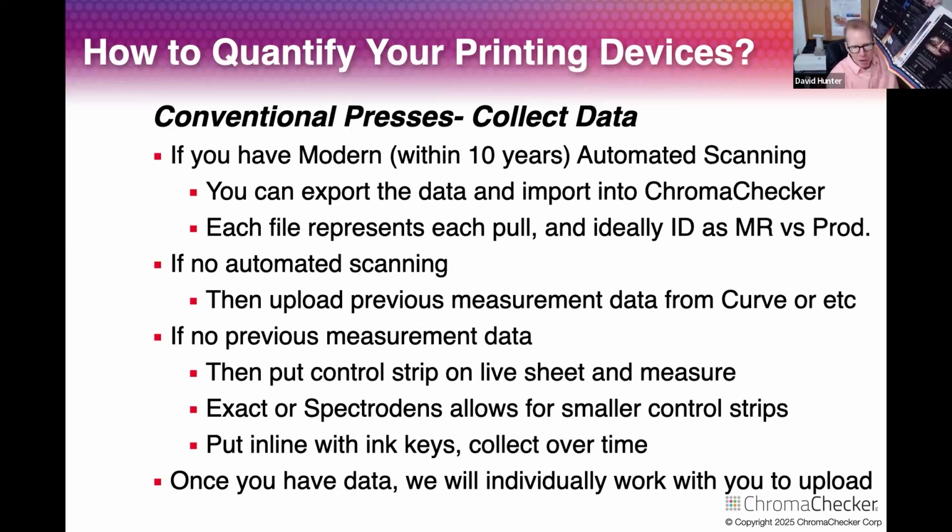And then just tell the operator when this job is running, after they pull an OK sheet, pull a couple for you so you can measure how consistent the press is between jobs. And we'll show you how to measure these and bring them into ChromaChecker to see how this works.